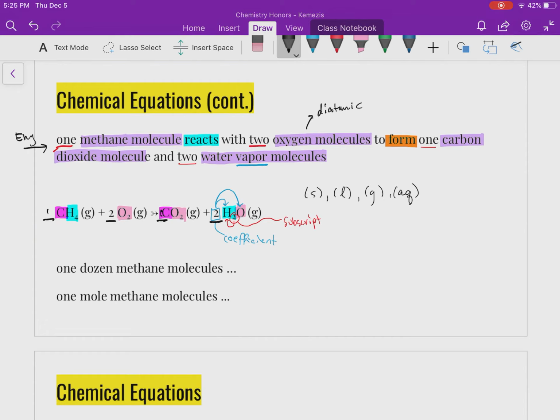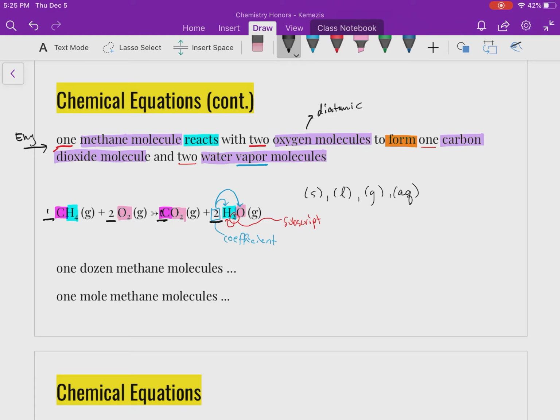We're getting ratios. So if I have enough oxygen to react 12 moles of methane, then I can make 12 moles of carbon dioxide and 24 moles of water. So it's just a ratio.